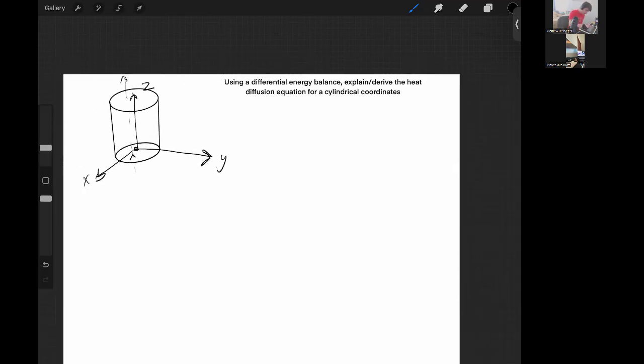So if I set up a little X versus Y diagram, the way that we're going to visualize this is we're going to use polar coordinates across just a slice of this cylinder to look at what the overall energy storage and net heat flow and energy generation would look like for a system like this.